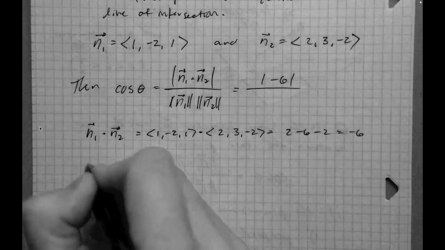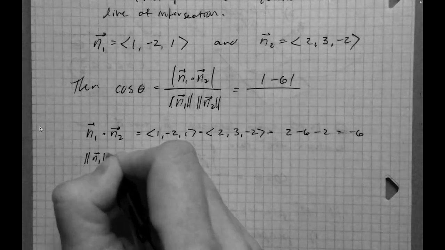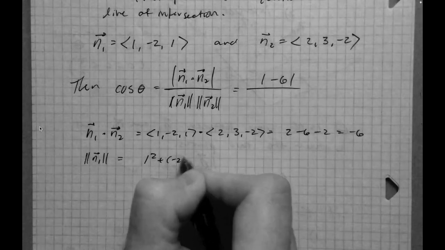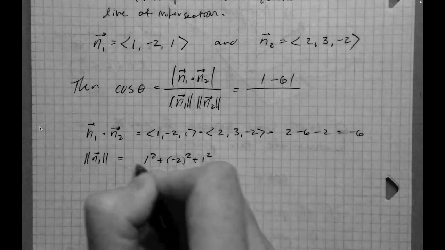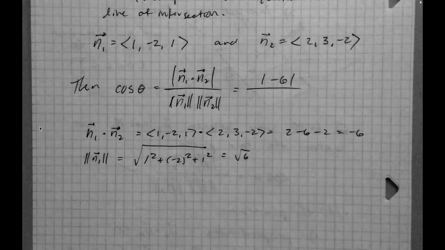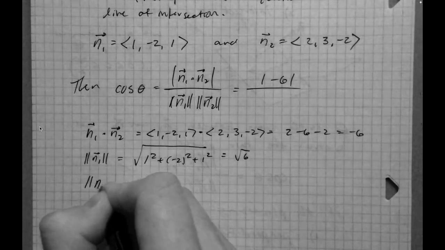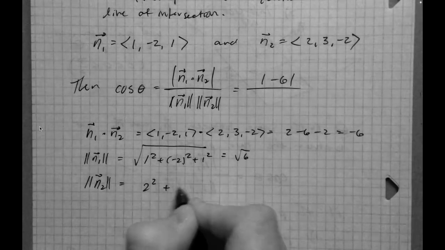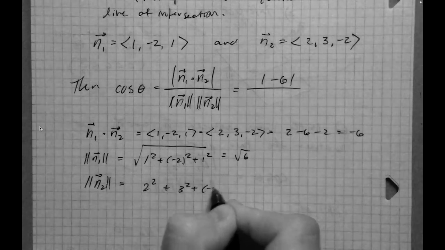And then what are the norms of the two vectors? N1 norm is 1 squared plus -2 squared plus 1 squared again. So looks like you get square root of 6. N2 norm is 2 squared plus 3 squared plus -2 squared.